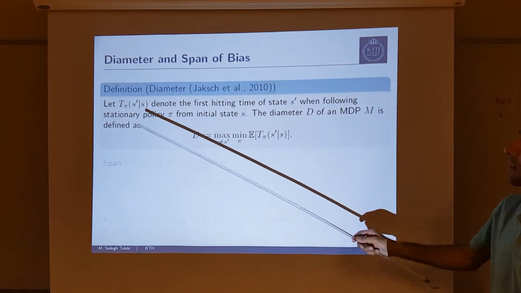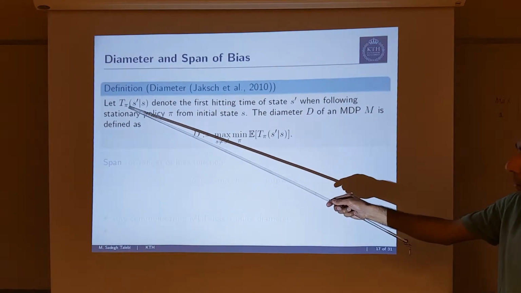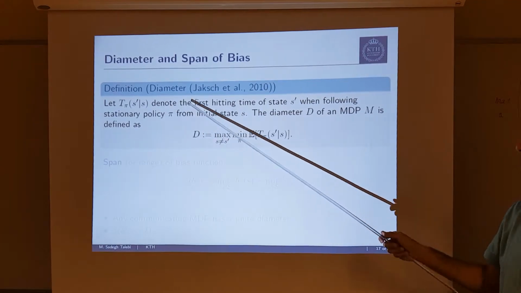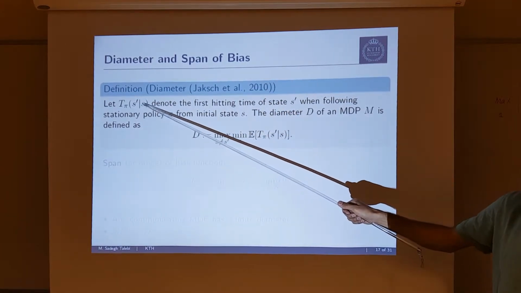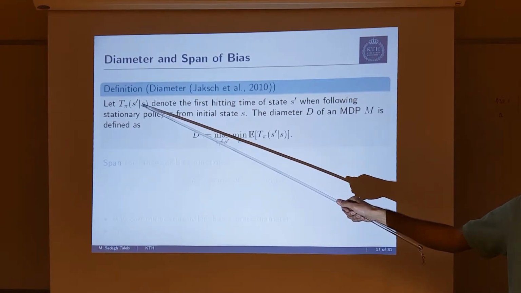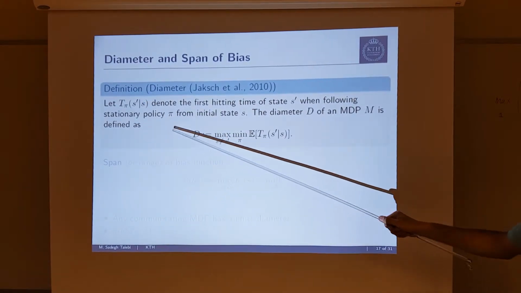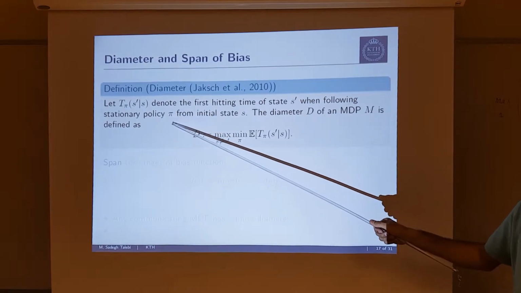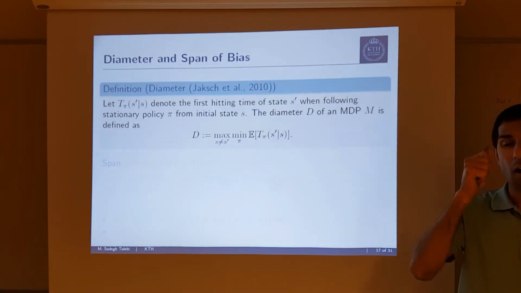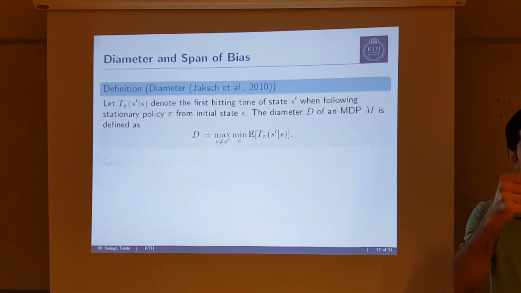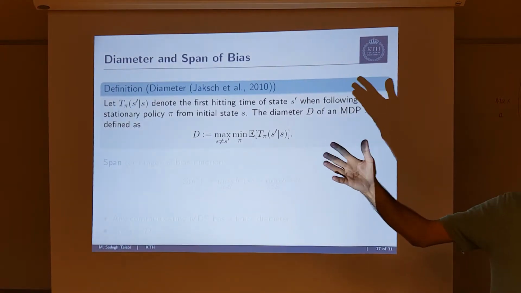Let T pi of S prime given S be the first hitting time when you start in a state S and reach a state S prime in expectation, under the stationary policy pi. So this means that you start from S and always apply action pi of S in any state along your way.